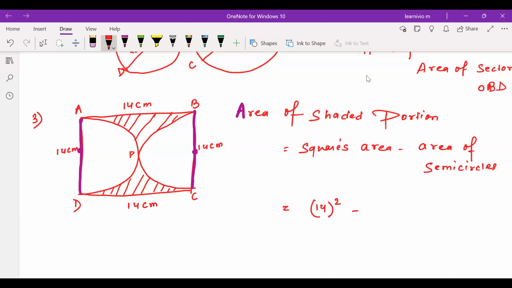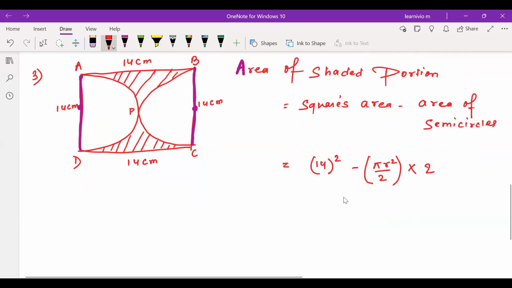Now, area of semicircle will be pi r square by 2. But we have two semicircles of exactly the same measurement, so we multiply by 2, because two semicircles are there. Is it clear to both of you?